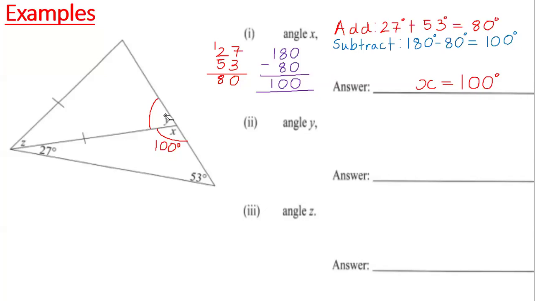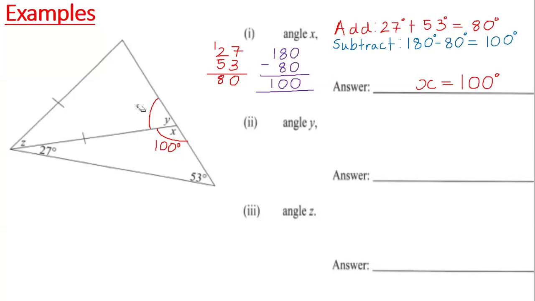I think y is vertically opposite to 53. No. Would it be you subtract 27? 180 minus 100. What are you saying, Aiden?